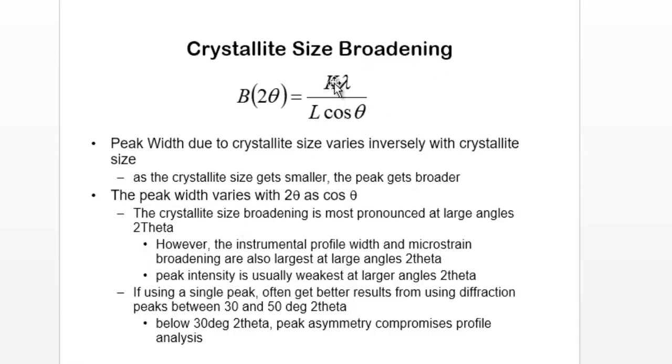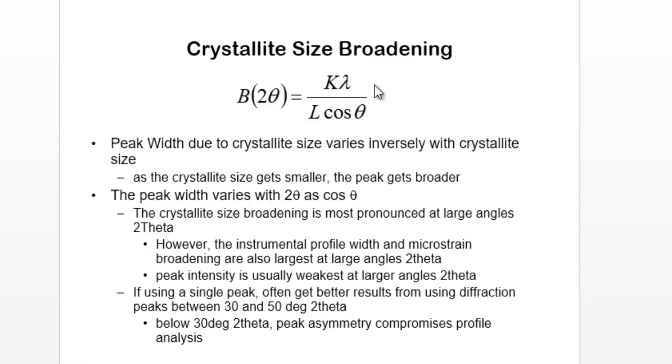And the factor k here can take several values depending on the shape and size of your sample. So it can either take 0.89, 0.94, and many people just take it to be 1. It doesn't really matter that much.